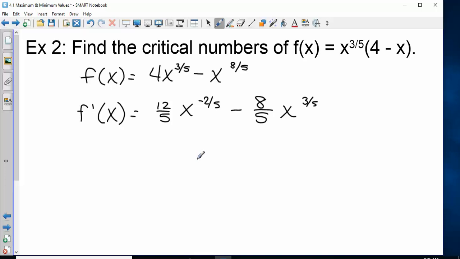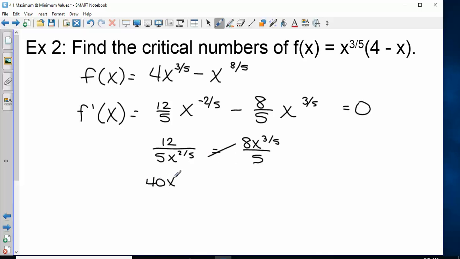What do we need to do with this? Set it equal to 0. Keep in mind, a negative exponent is really just saying it's on the bottom. If I add this one over, that's like an 8x to the 3/5 over 5. So now what would we do? Cross multiply. So we get 40x, 2/5 plus 3/5 is just 1, equals 60.